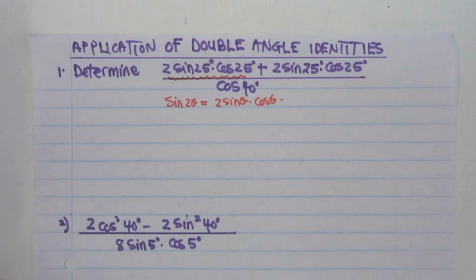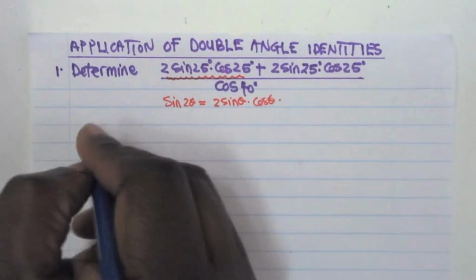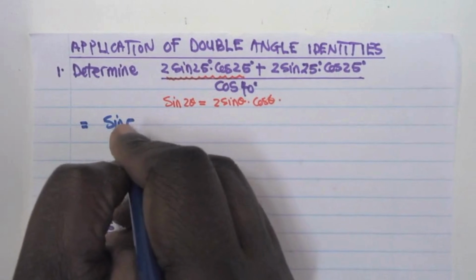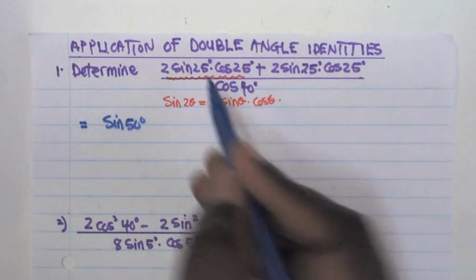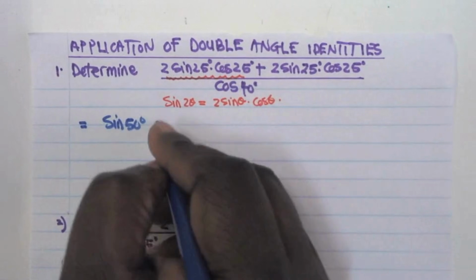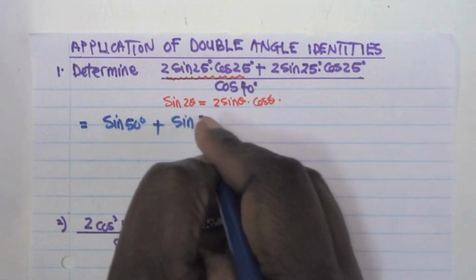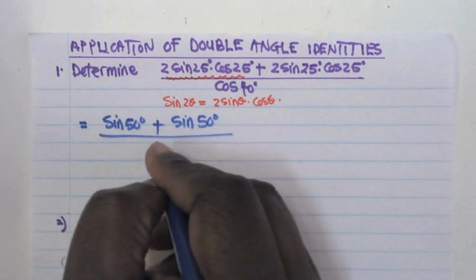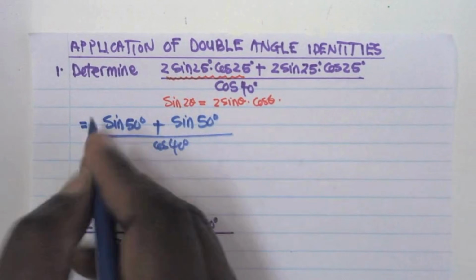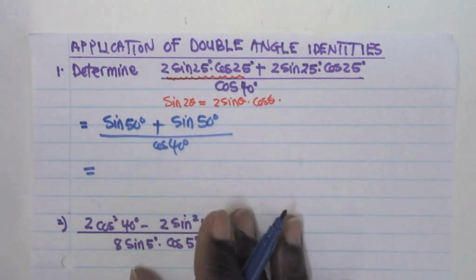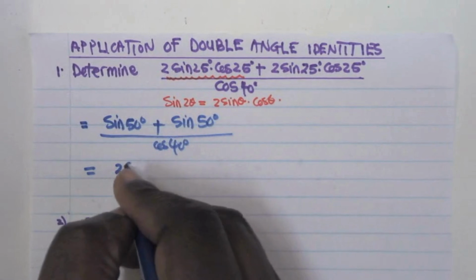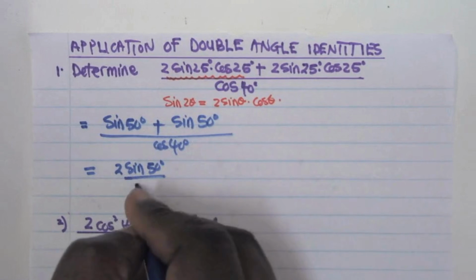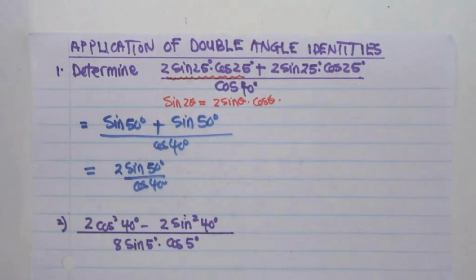And if I proceed here, on this part I'm going to get sine of 50 degrees, if I double 25, I get 50, plus sine of 50 degrees, divided by cos of 40 degrees. And if I simplify, I'm going to get 2 sine of 50 degrees divided by cos of 40 degrees.